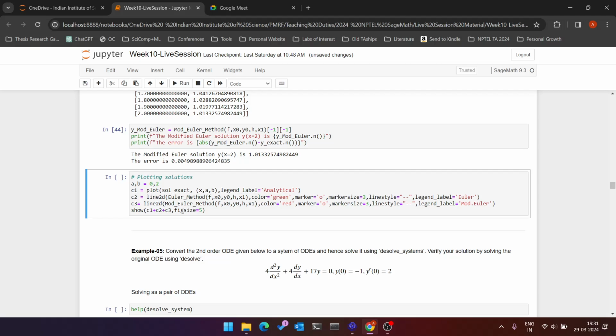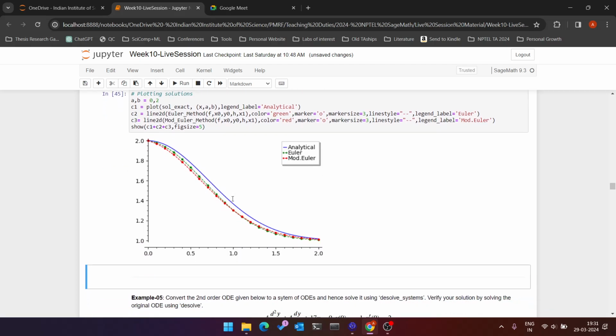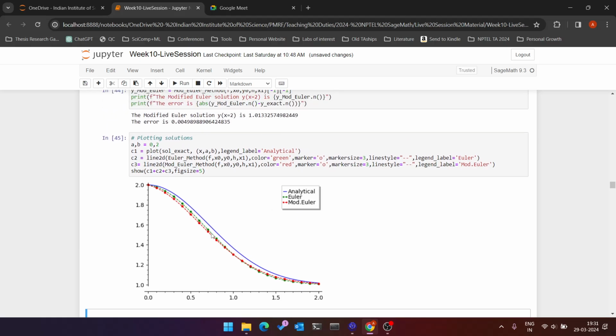If I plot both the solutions, you can see that somewhere here a swap between modified Euler and Euler takes place for this particular function.